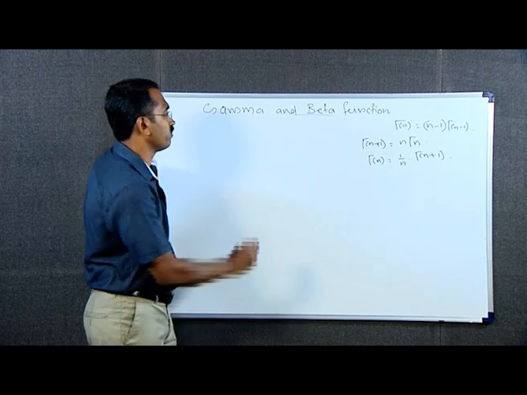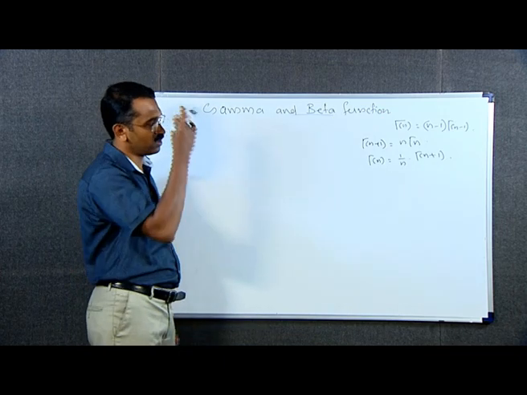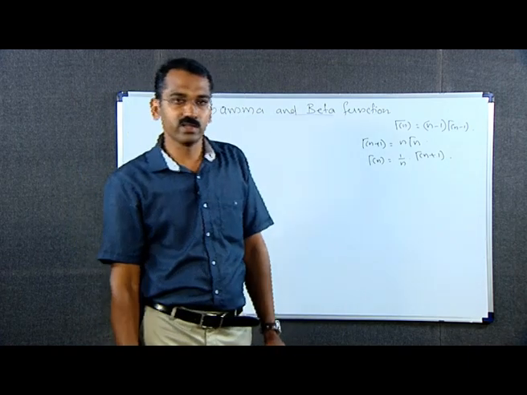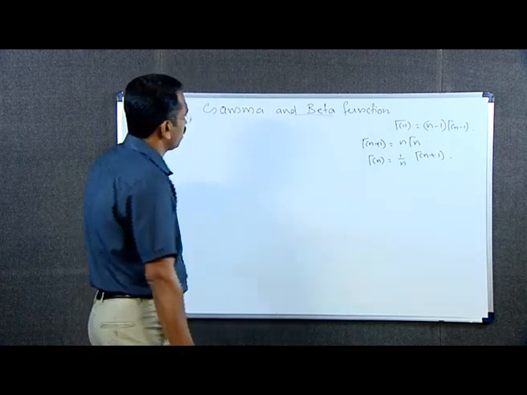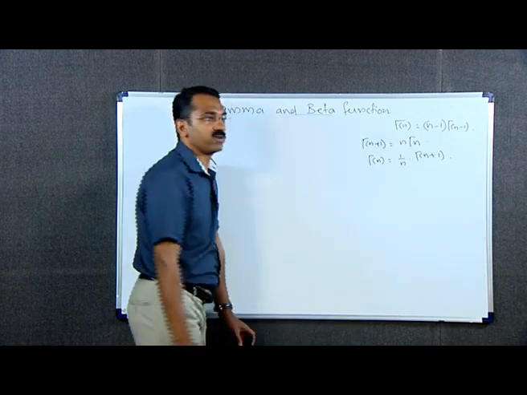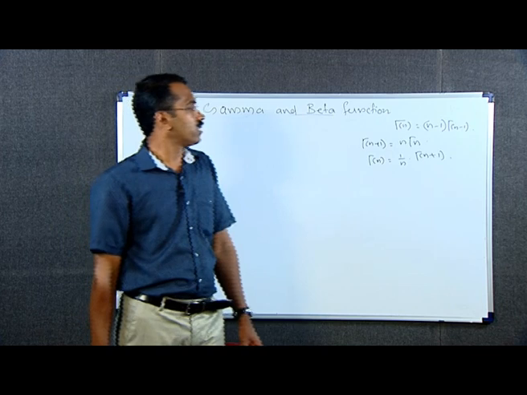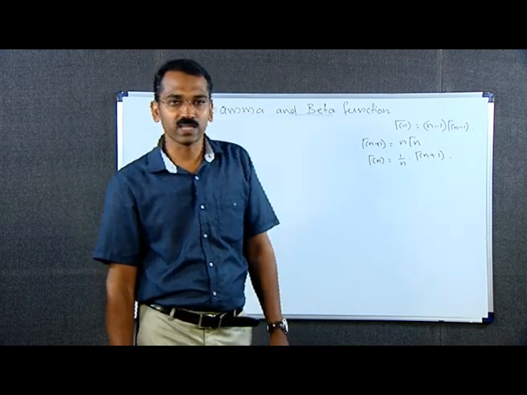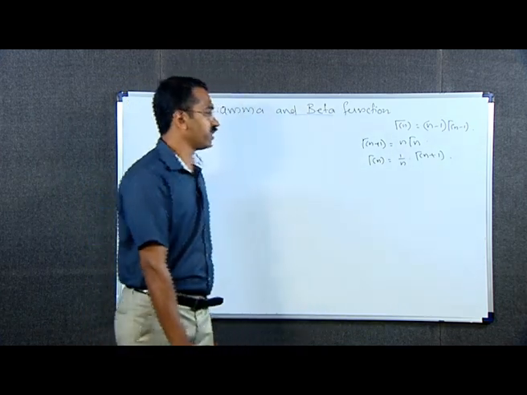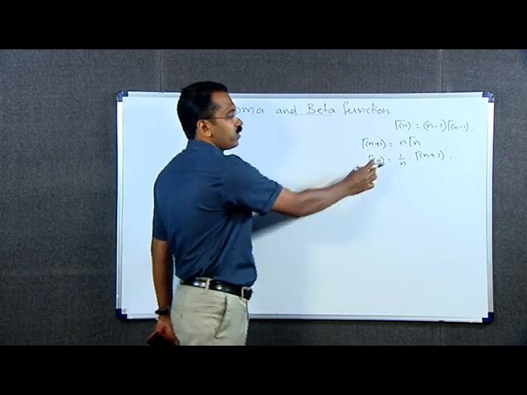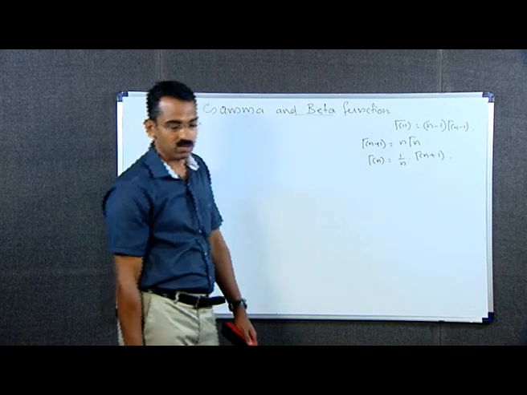Note that by the definition of the gamma function, if n is 0 or a negative integer, the gamma function does not exist. But if n is a negative fraction, we can find the value of gamma using this relation.